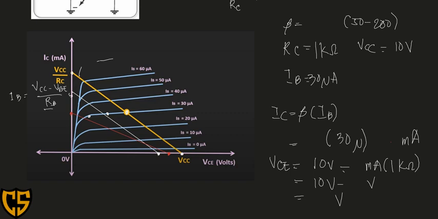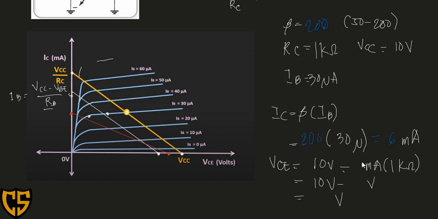So, we have, okay. So, beta naton will be 200. For example, so, ang ma-change nga value diri, ma-change ang value sang beta diring i-multiply naton. So, 200 multiplied by 30. So, this will be 6 milliampere.